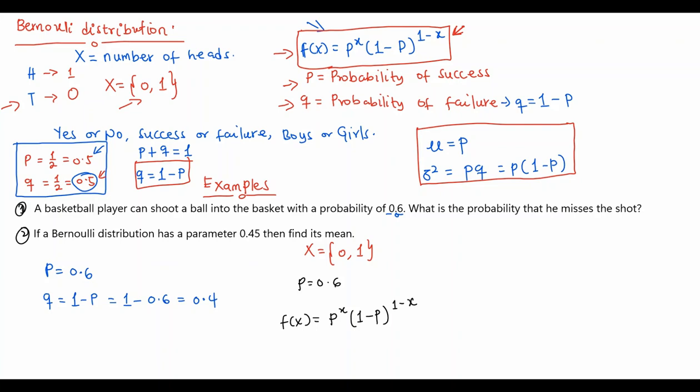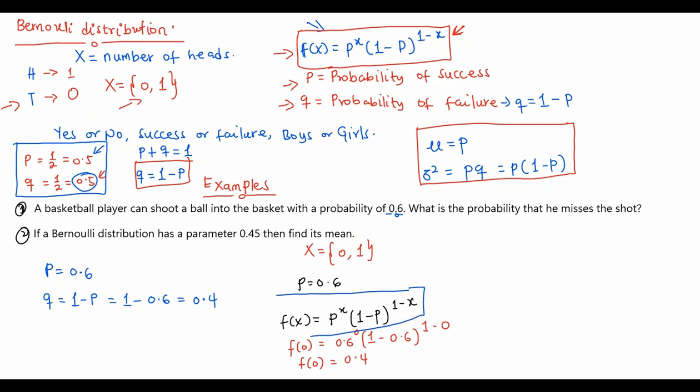In this case we want to find the probability of failure, which means the basketball player was not able to score, so x is going to be 0. We have f of 0 equals 0.6 to the power 0, multiplying 1 minus 0.6 to the power 1 minus 0. When you do this, you get f of 0 equal to 0.4, which is the probability of failure, or the probability that he misses the shot. So this is how to use the Bernoulli distribution function.